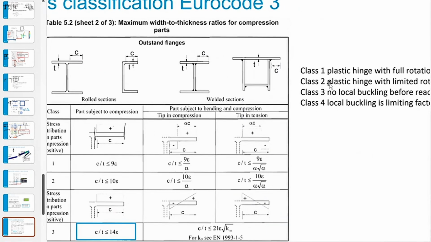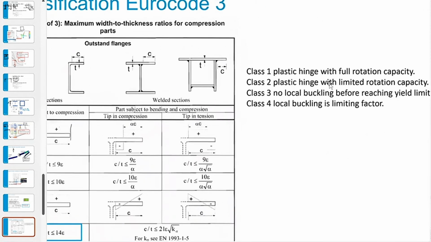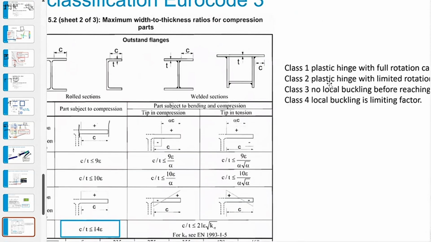Class 2 is a plastic hinge with some rotational capacity left, so you cannot calculate all the way up to the plastic limit for a beam, the plastic moment, but almost.